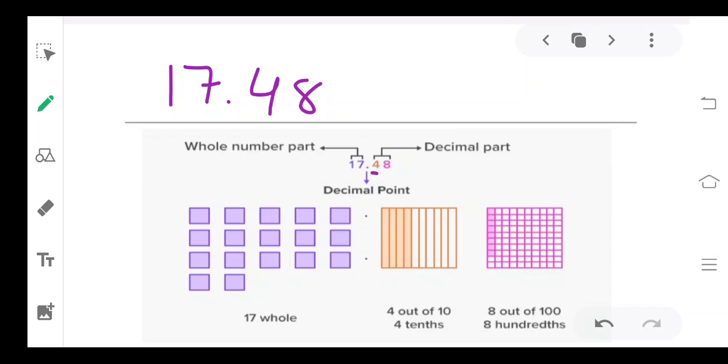So in this way we are going to read 17.48.